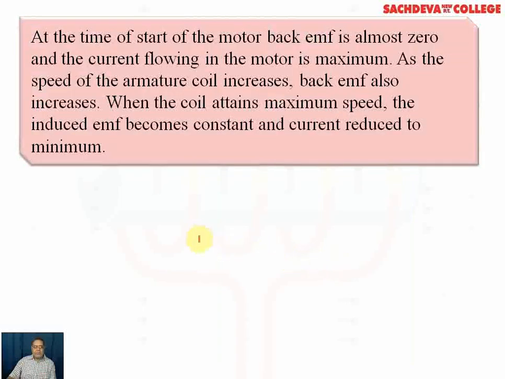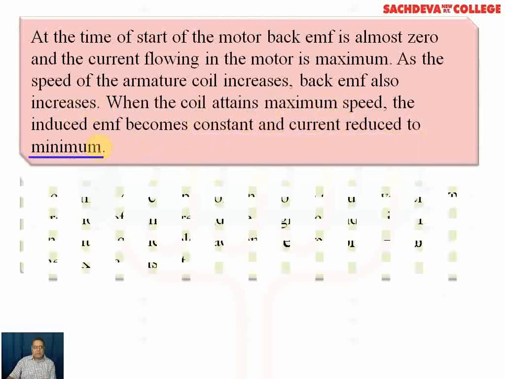At the time of start of the motor, back EMF is almost zero and the current flowing in the motor is maximum. As the speed of the armature coil increases, back EMF also increases. When the coil attains maximum speed, the induced EMF becomes constant and the current is reduced to a minimum.